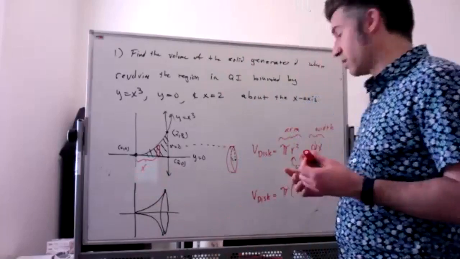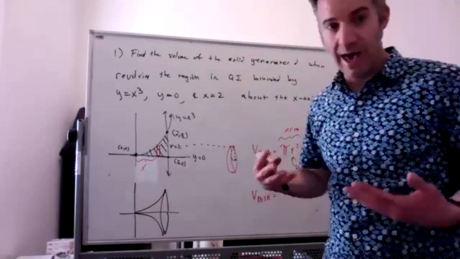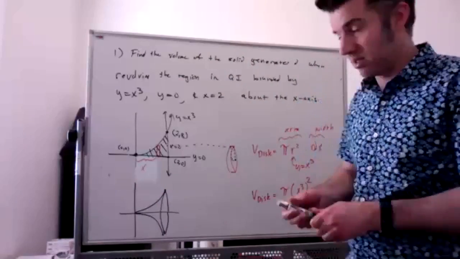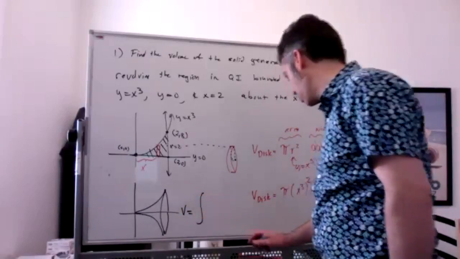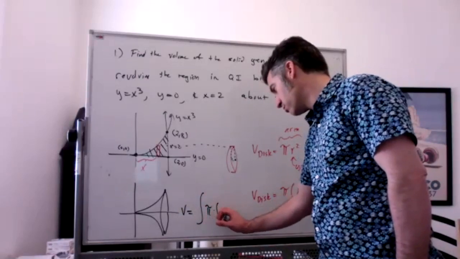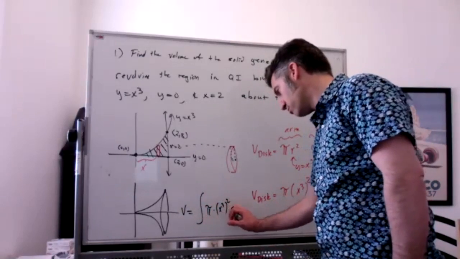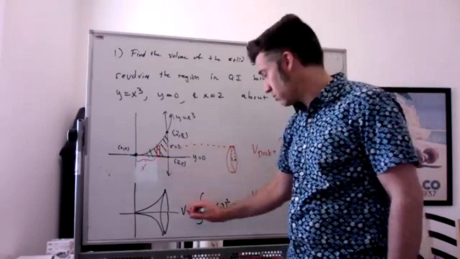All right, so now we're going to add up all the disks, meaning the total volume is going to be the integral of this quantity from, well, the disks go as far left as 0.